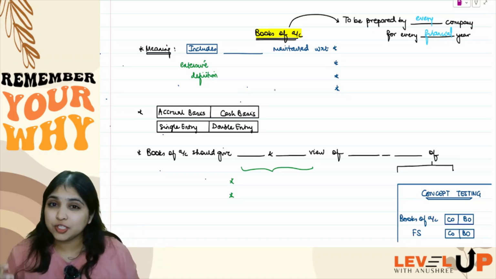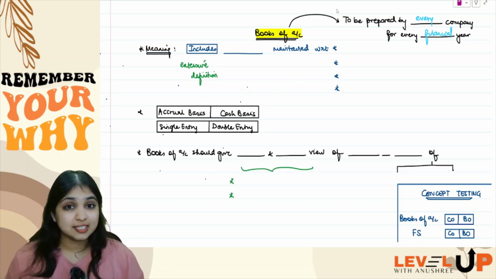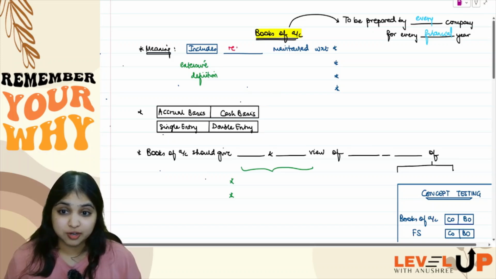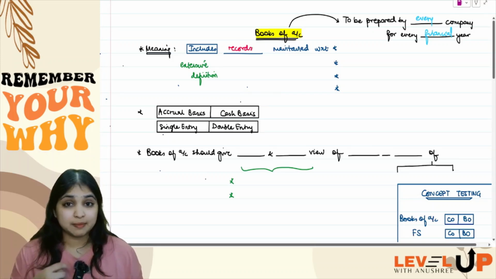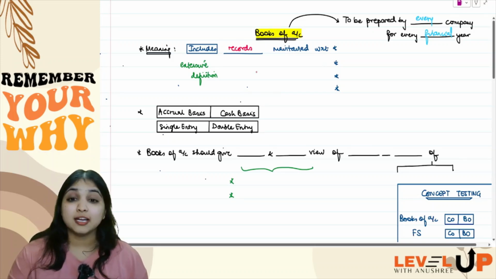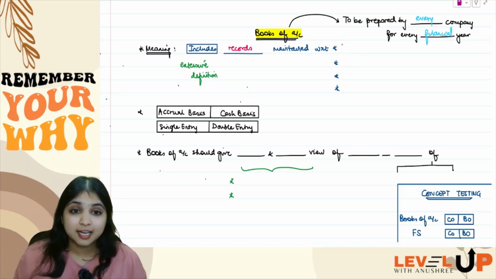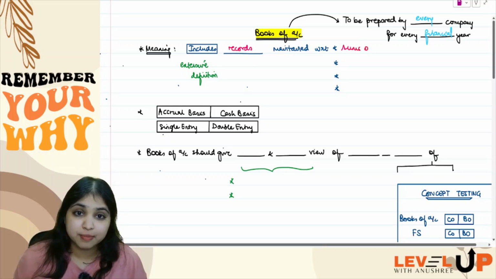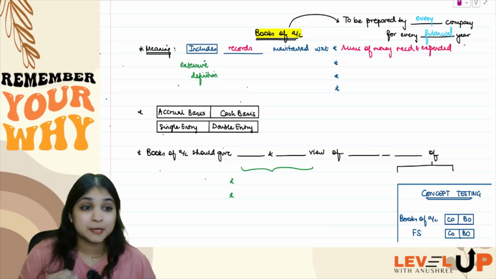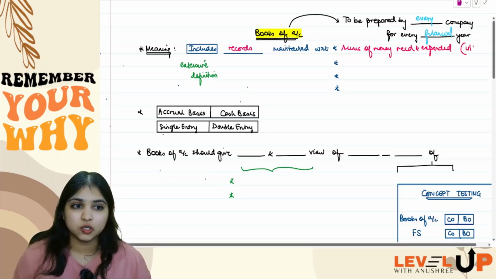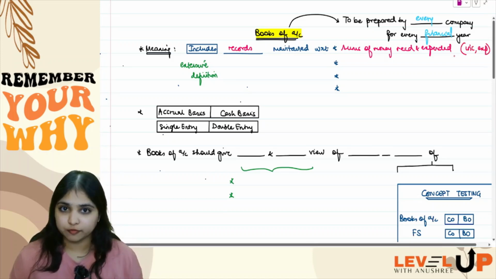Right? So what does books of accounts include? The definition says books of account includes records maintained by the company relating to 4 things. Number 1, records maintained by the company relating to sums of money received and expended by the company, nothing but records relating to incomes and expenditure of the company.